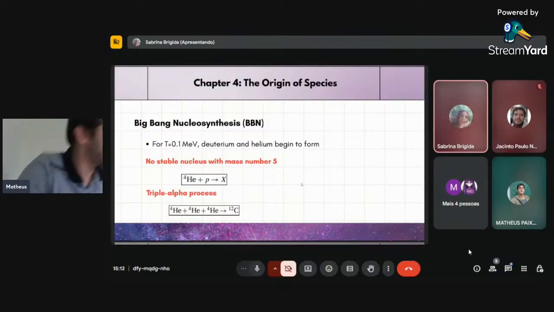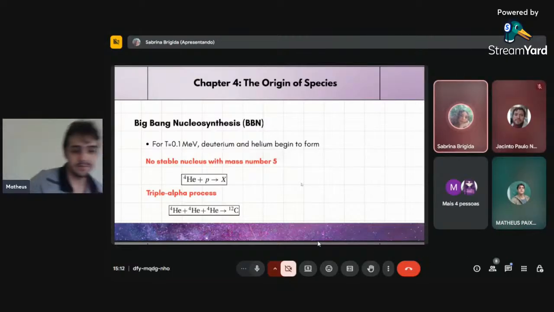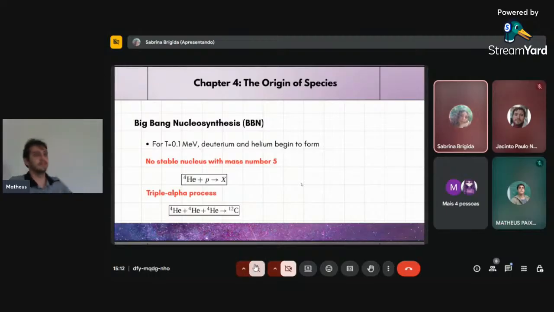This is because as the temperature decreases, the high energy photons stopped destroying the newly formed nuclei. However, heavier elements were not produced in this case. For example, we cannot have the reaction of helium 4 with a proton, because we cannot have a stable nucleus with mass number 5.